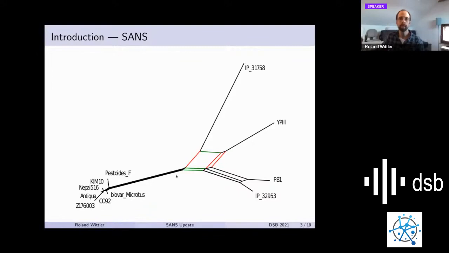Here phylogenetic splits show these non-tree areas of the data, and they also show the alternatives. In this example, we have the red split that separates the upper two genomes from the remaining genomes, and we have the green split that separates the right three genomes from all the others. And these two splits would not be compatible with a tree.